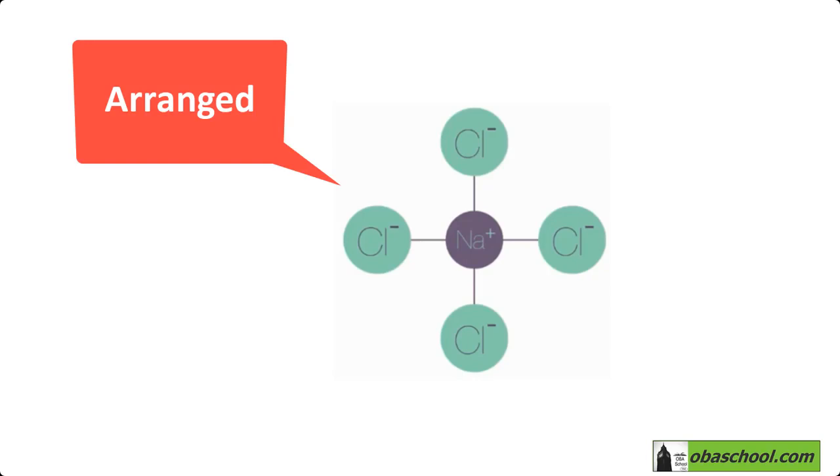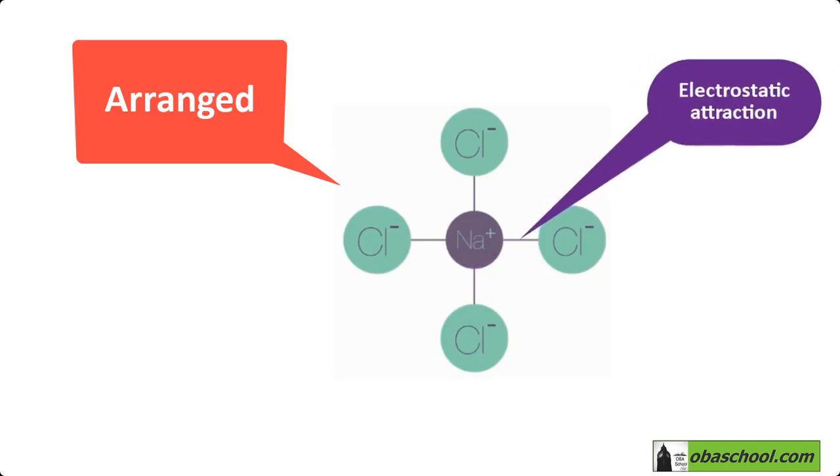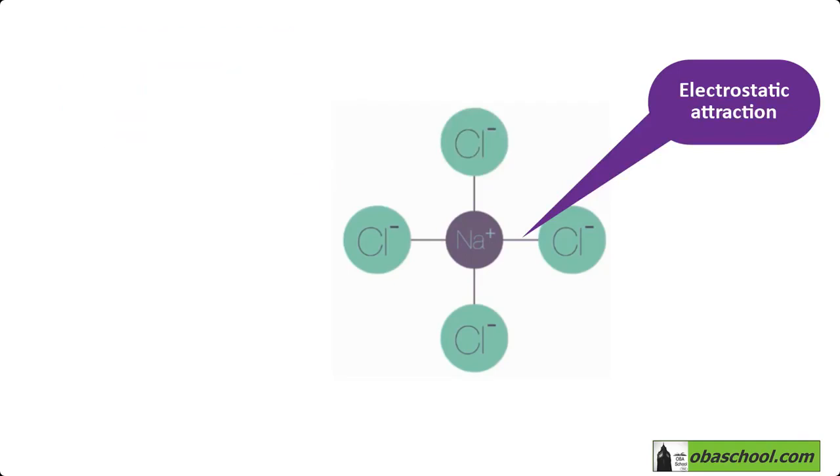Each sodium ion is held in place by the electrostatic attraction of 6 neighboring chloride ions in all possible 3D directions. And similarly, each chloride ion is held in place by the electrostatic attraction of 6 sodium ions, also in all possible 3D directions.